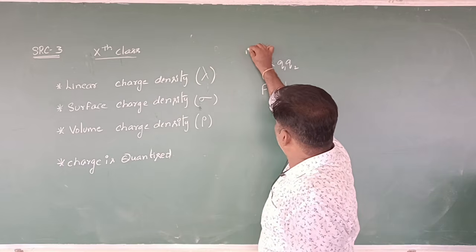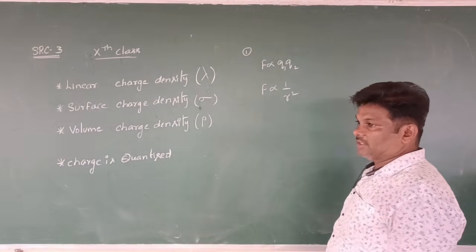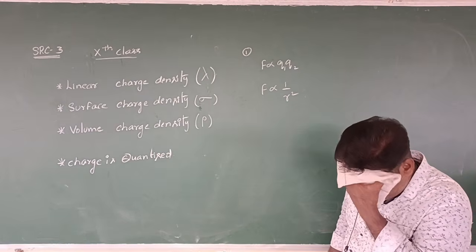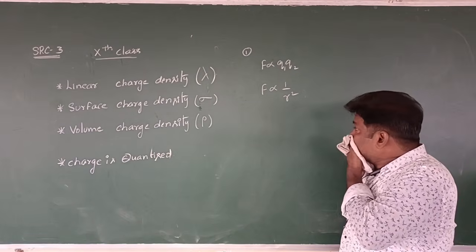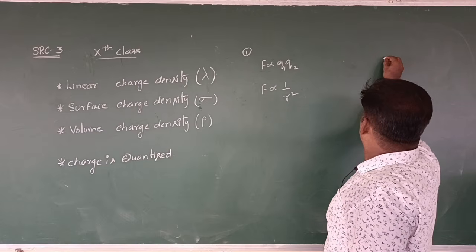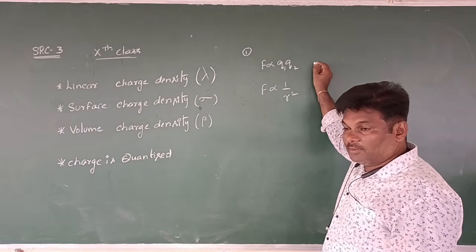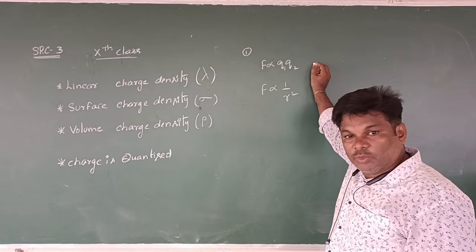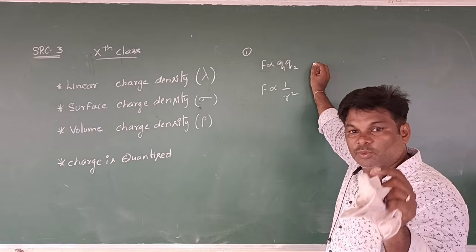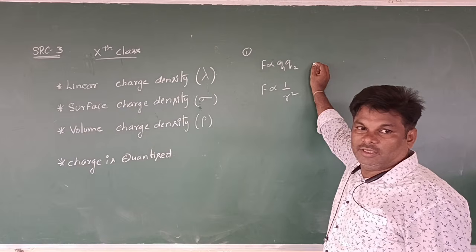So now you came to know what the charges are, how the charge is distributed over the surfaces and inside the object, and the distance is this one. I told you already, some limitations are there for Coulomb's inverse square law. This is valid only for point sized charges, not for large.